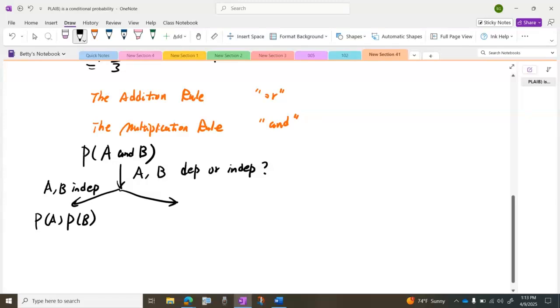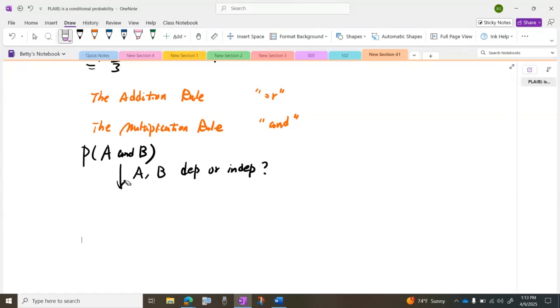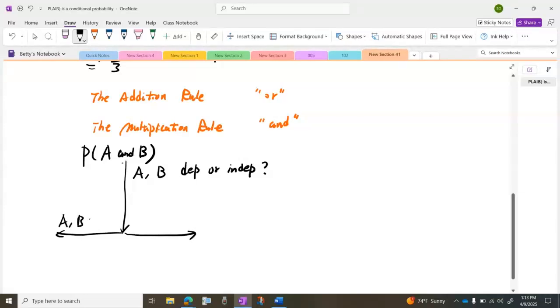This is A and B independent. This is A and B dependent. If A and B are independent, the formula we use is just to multiply them together.